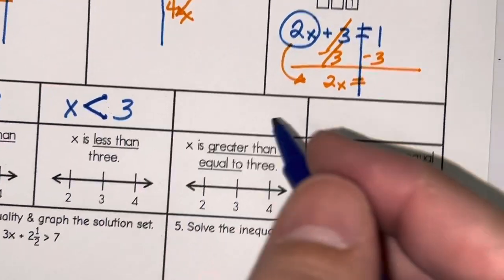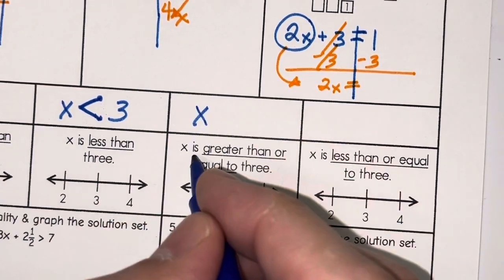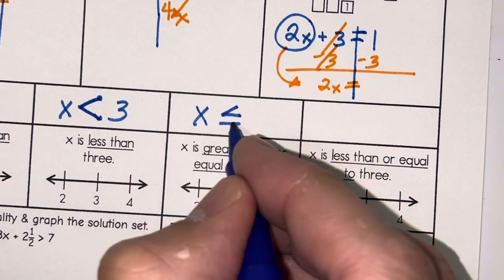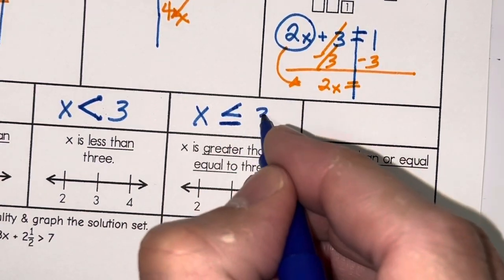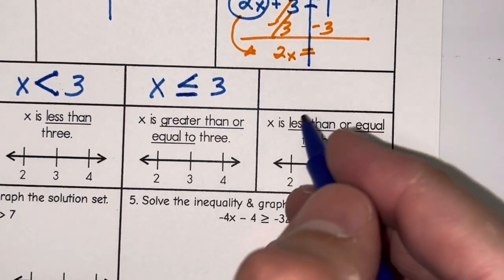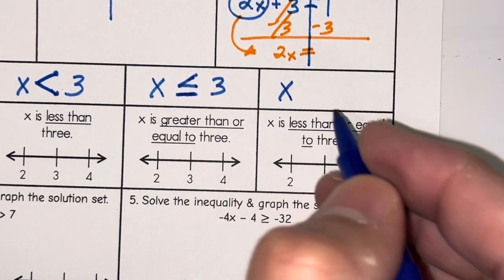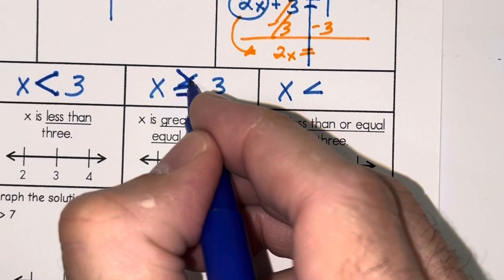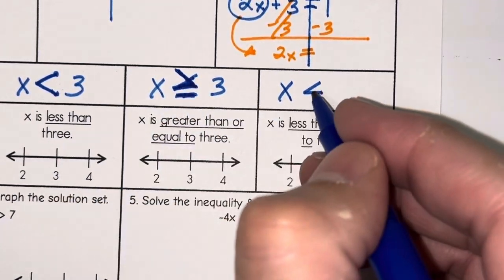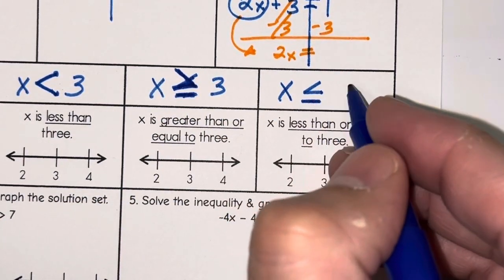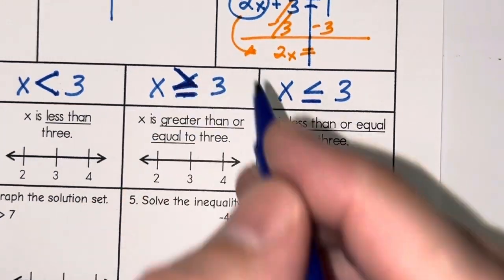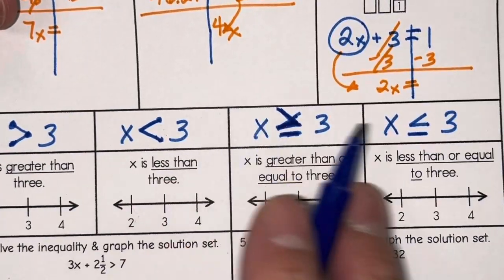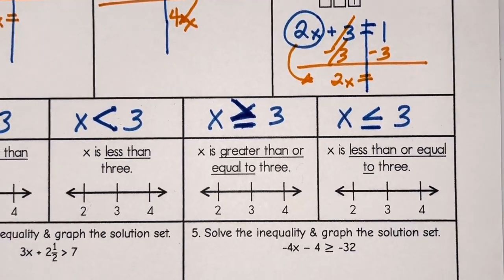X is greater than or equal to 3. And X is less than, I did that wrong, greater than or equal to, and then this is the less than or equal to. There we go. So greater than, less than, greater than or equal to, less than or equal to.